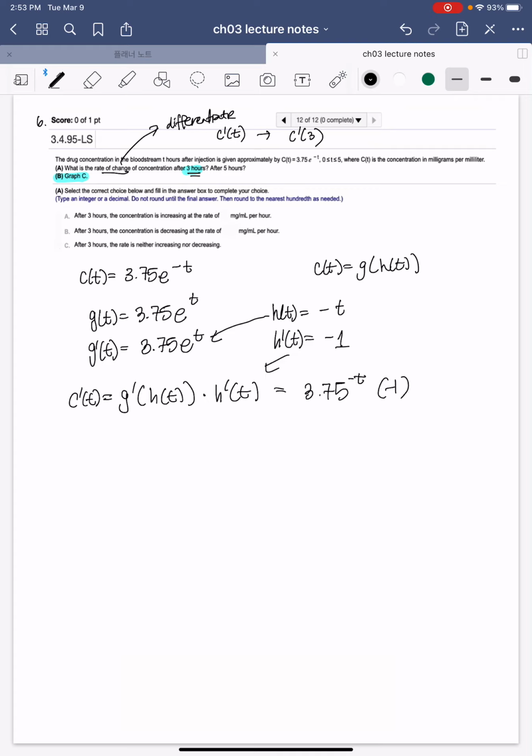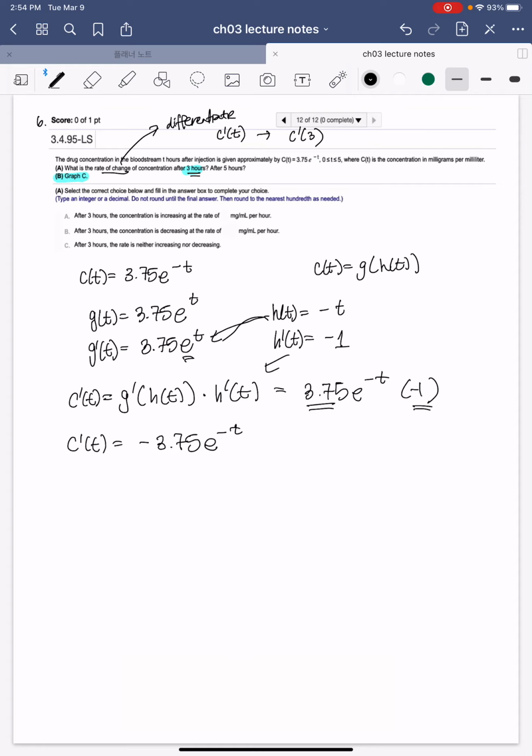Oops, made a mistake. There should be an e. Sorry, I'm missing e. So negative 1 times 3.75 gives you negative 3.75 e raised to the negative t.